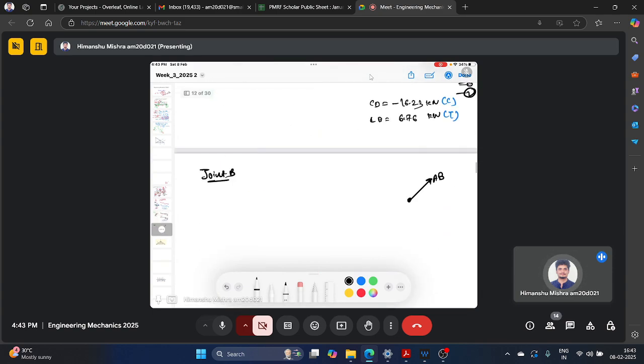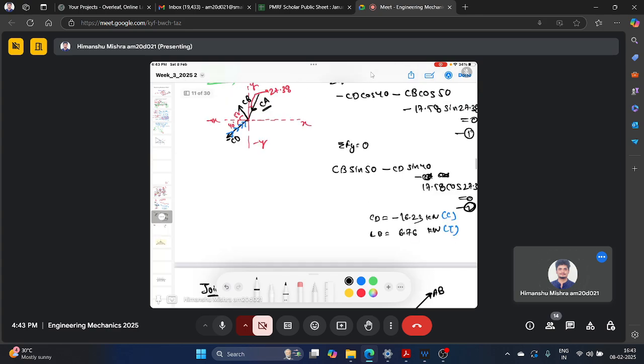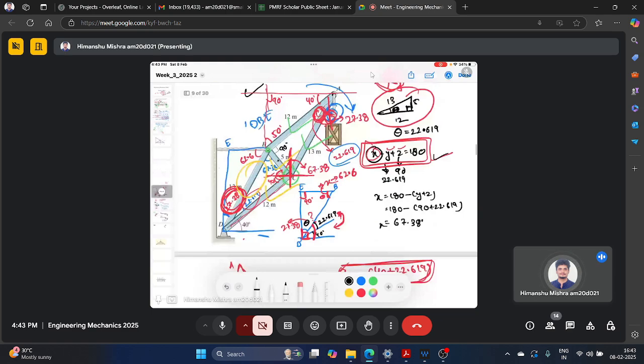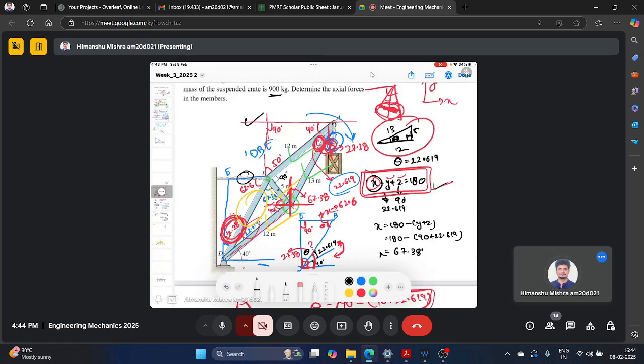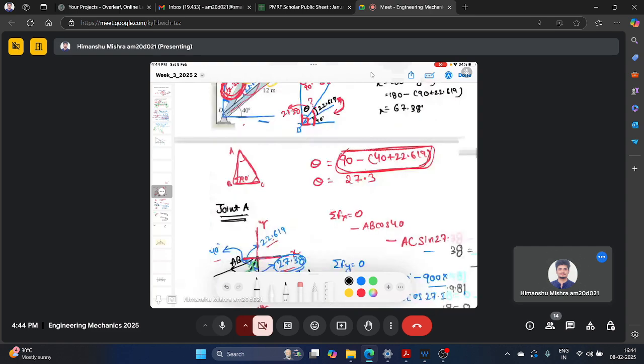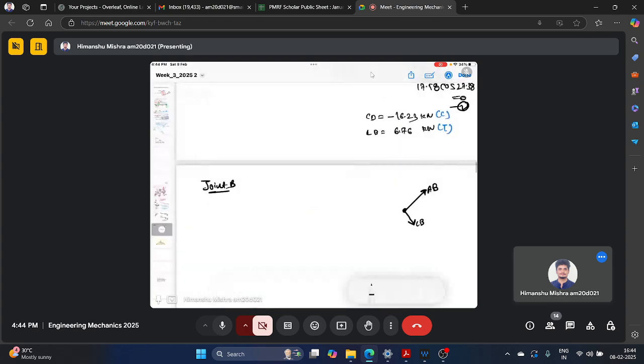Again, it was away from the joint. So this force is CB, and there is a rope which is attached to B. So there will be a tensile force in the rope, which will be in the x direction.